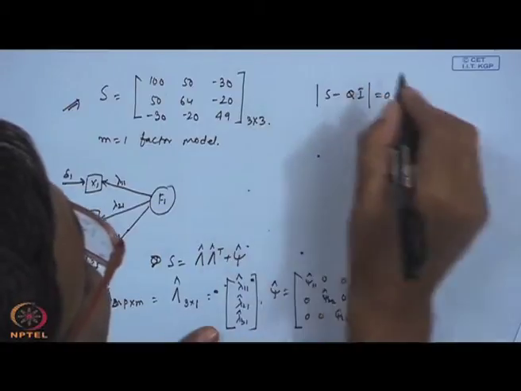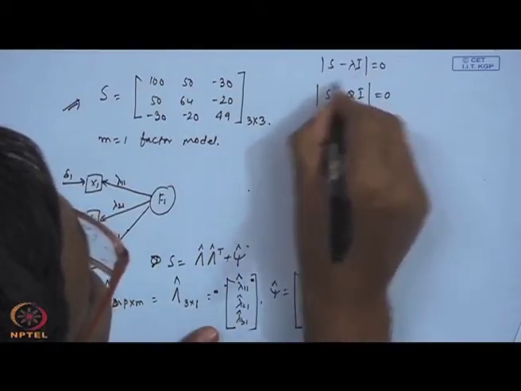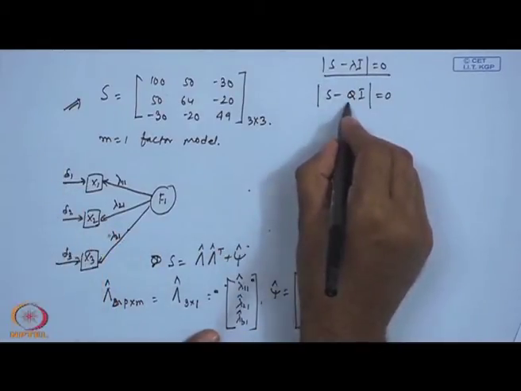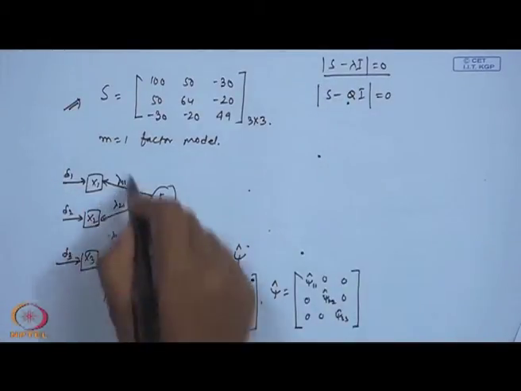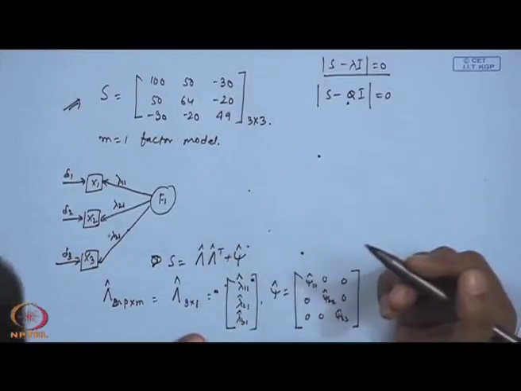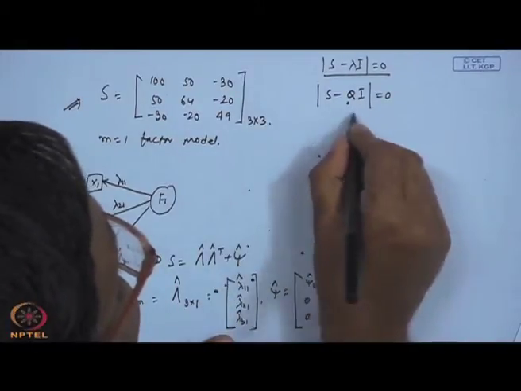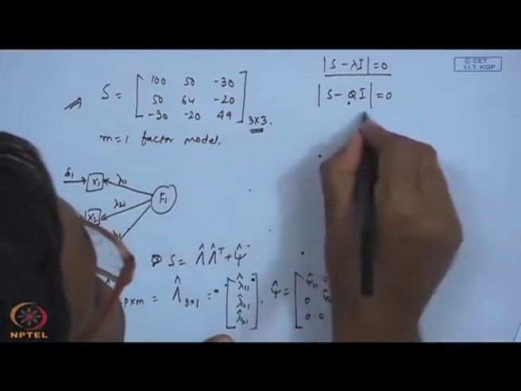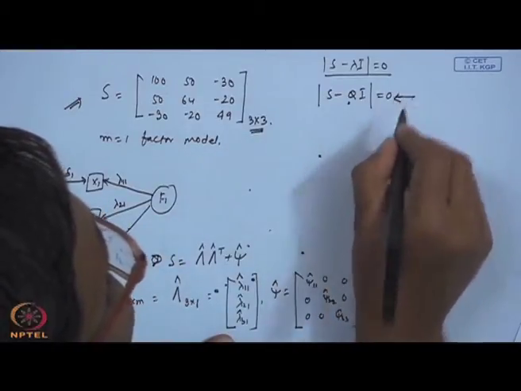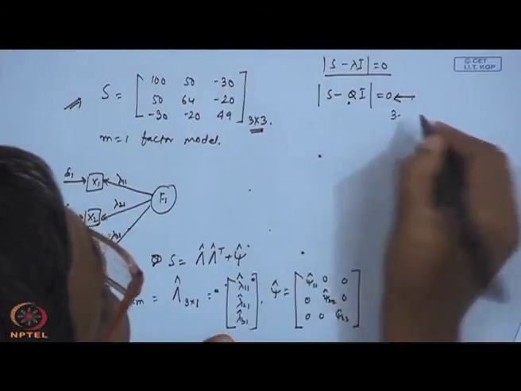In PCA I wrote S minus lambda I equal to 0. Here I am using Q to differentiate from lambda as loading, not the eigenvalues. So ultimately, for a 3 by 3 matrix, you will get a characteristic equation which is a third order polynomial.